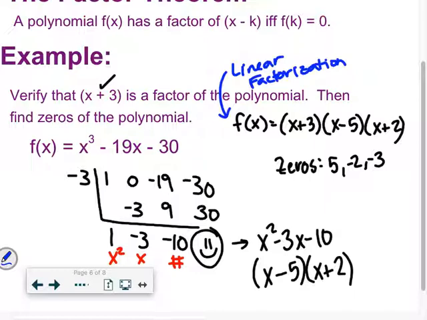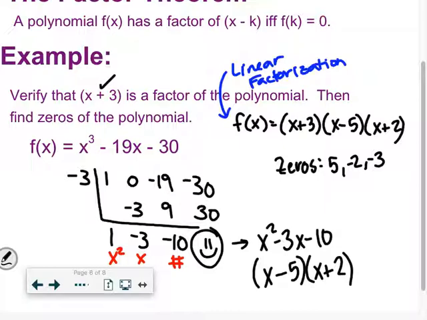That's that step right there. Linear factorization is just basically factored form, but the factors have to be linear. So you couldn't write it in its division algorithm, x plus 3 times x squared minus 3x minus 10, because that's quadratic, not linear. So linear factorization is when you have it completely factored down to linear values.